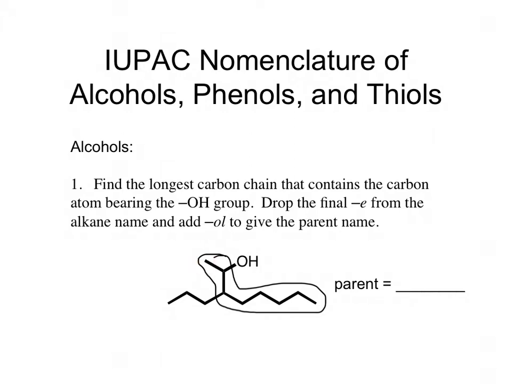Let's check. 1, 2, 3, 4, 5, 6, 7, 8. It's 8. And as a result, the parent will be based on octane, but like IUPAC says, we're going to be dropping that E and adding an OL. Okay, so that is the first step in the nomenclature.